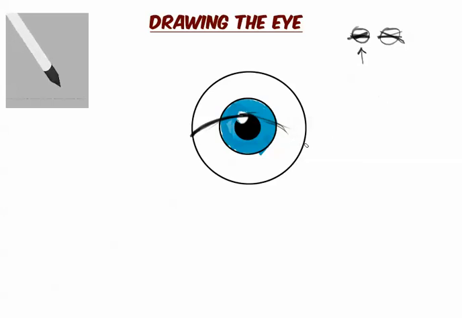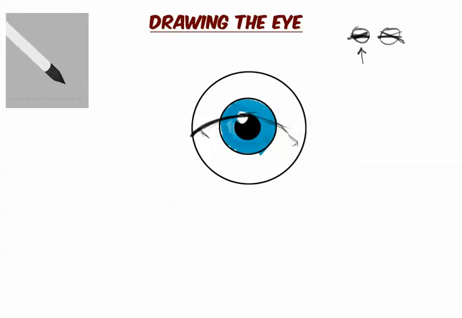We have this thing called a tear duct. Because the eye is round and we're looking at the front of the eye, the lids don't actually go all the way to the edge of the circle, because it is a circle form.